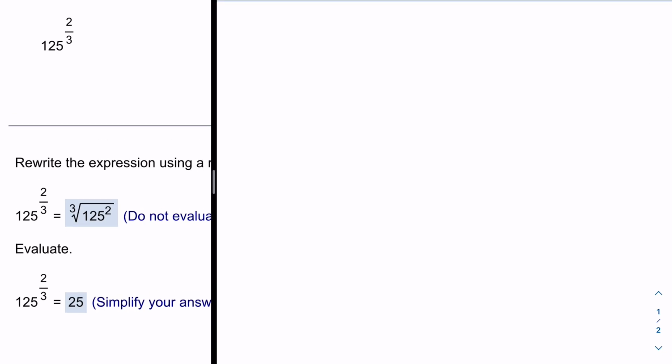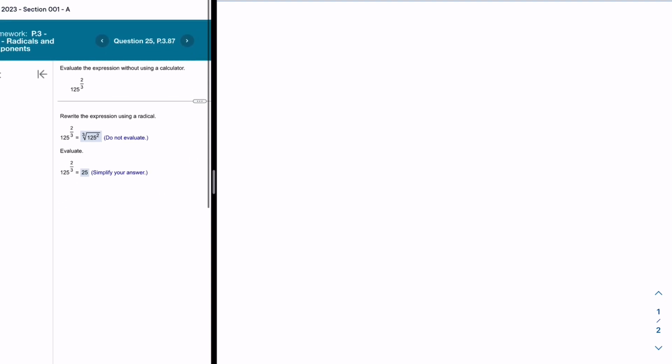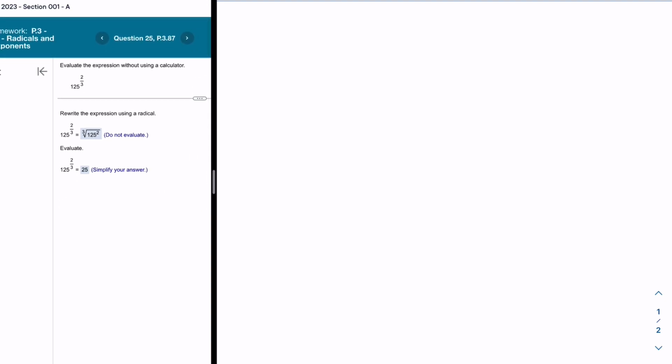So what's our question? Evaluate the expression without using a calculator. Okay, no need to use a calculator now. Okay, so we can write 125 to the power 3 as, so before solving this, let's do something else.